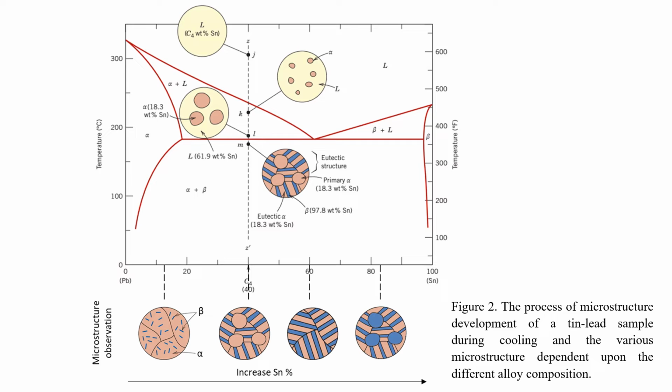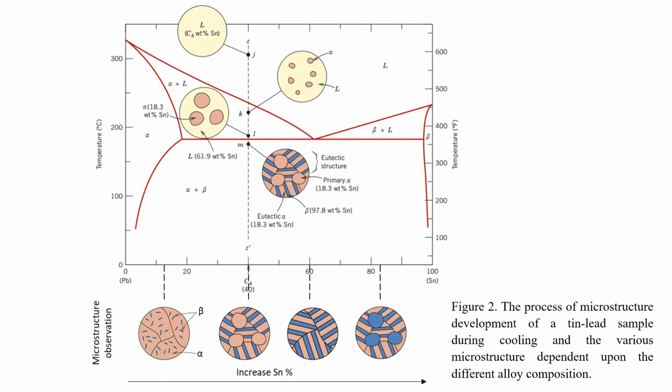The single-phase region is called the pro-eutectic region, as it forms during the state of alpha plus L or beta plus L before the eutectic temperature. The mixture-phases region is called the eutectic region, as it forms when the temperature passes below the eutectic temperature.